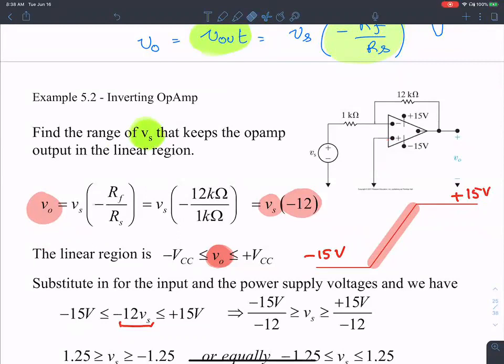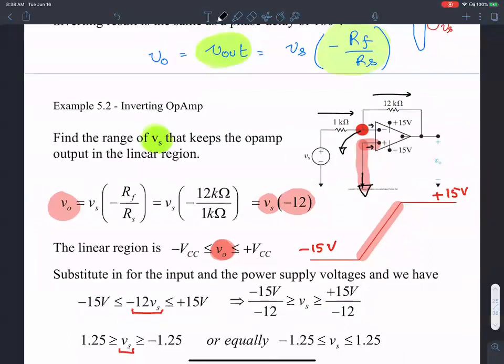The first assumption is the virtual ground, because of the virtual short: the voltage that I apply on the positive terminal magically appears there as well, and that makes it ground as well. The other assumption is that the current going into the op-amp is 0. So all the current coming into this branch will have to go through that branch.